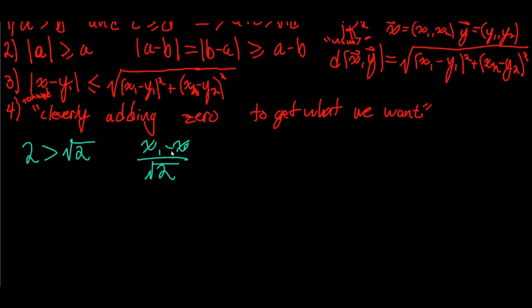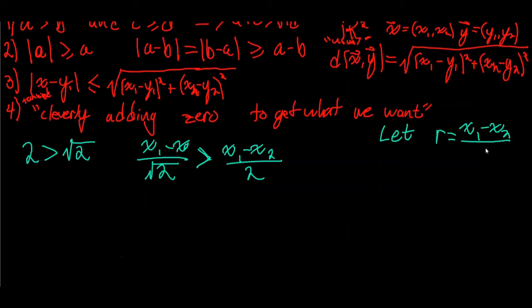So this fraction right here, x1 minus x2 over the square root of 2, is going to be strictly greater than x1 minus x2 over 2. So I've found a radius that is smaller than this one and a little bit easier to deal with. So let's now let our radius equal x1 minus x2 over 2.